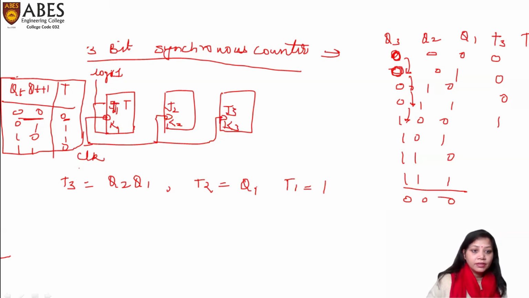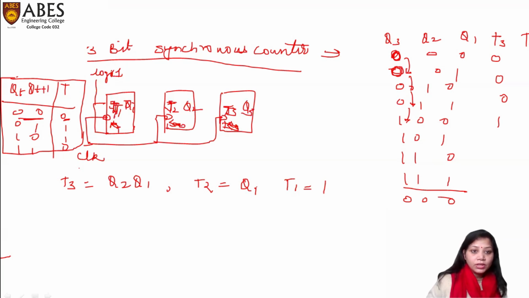This is T, not JK, this is T flip-flop. So this is Q1, this is Q2, and T1 is 1. That means T1 is connected to logic 1.